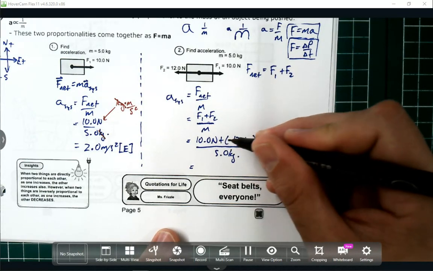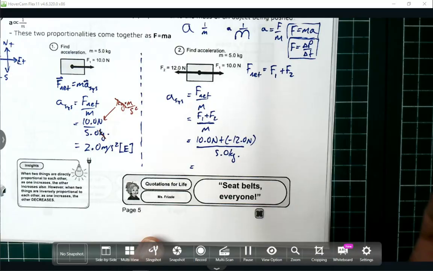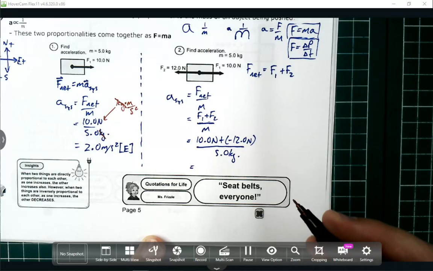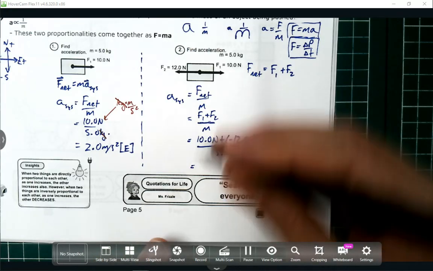And I end up getting 10 minus 12, negative 2. Negative 2 divided by 5. In your head, what is it? 2 over 5? Starts with a 4? Starts with a 0? 0.4? Yeah? Okay.